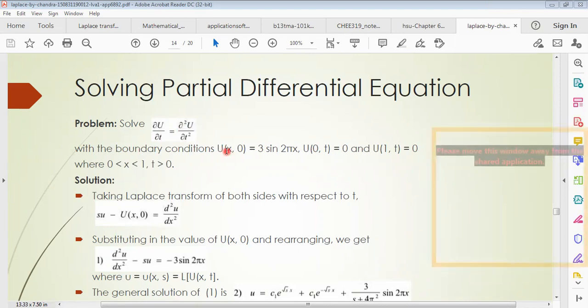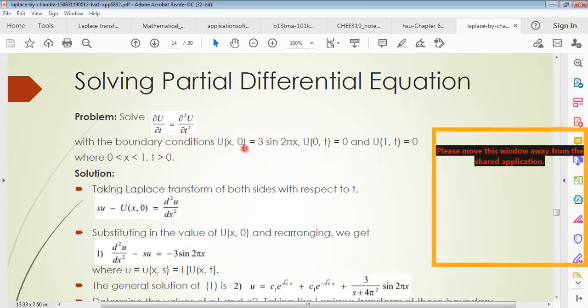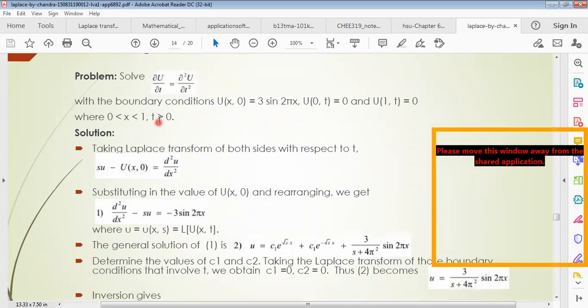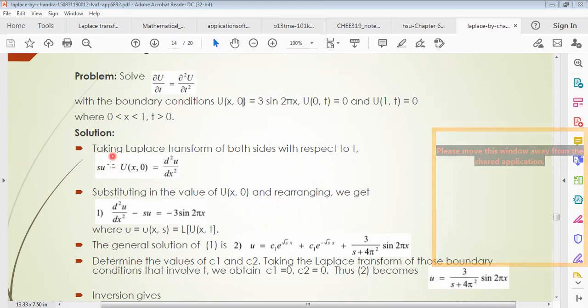Now how can we solve these types of partial differential equations by using Laplace transformation? First of all, you have to take the Laplace transform on both sides with respect to t. We get the Laplace transform of del u del t as s U(x, s) minus u(x, 0).